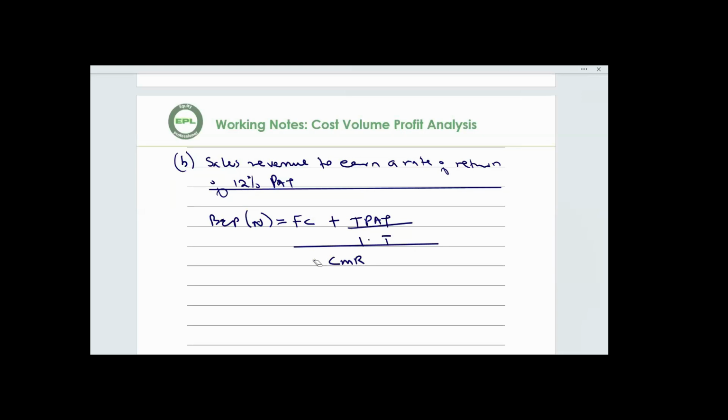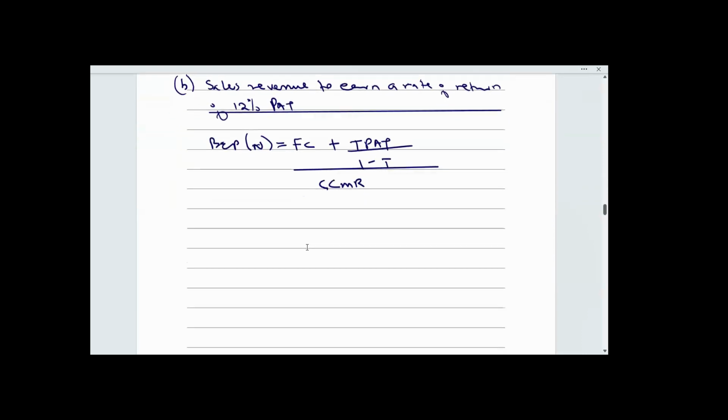Now, this is not just the contribution margin ratio. It is the composite contribution margin ratio because the examiner has given you the proportion of product B. The sales value is what the examiner is asking you to calculate, and you don't know it.